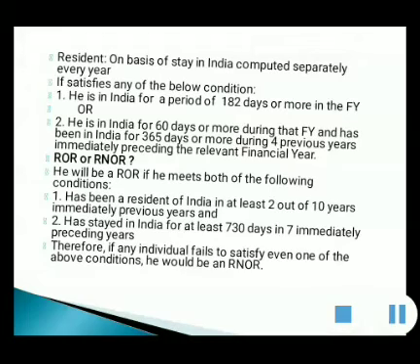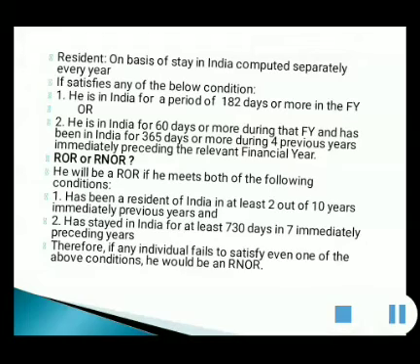Therefore, if any individual fails to satisfy even one of the above conditions, he would be a resident but not ordinarily resident. So who is a resident and ordinarily resident? If he satisfies any of the basic conditions and both of the alternative conditions. And who is a resident and not ordinarily resident?